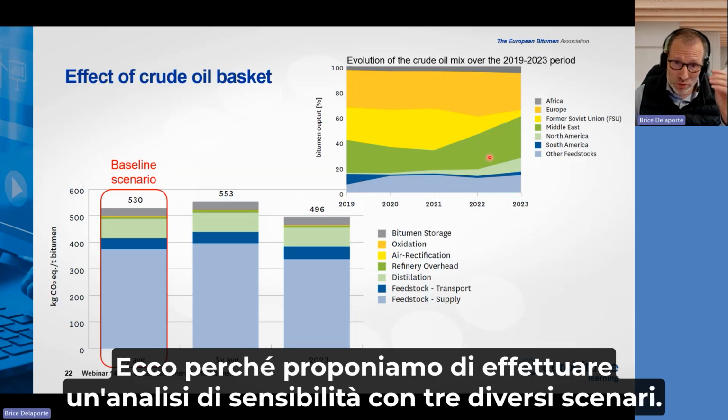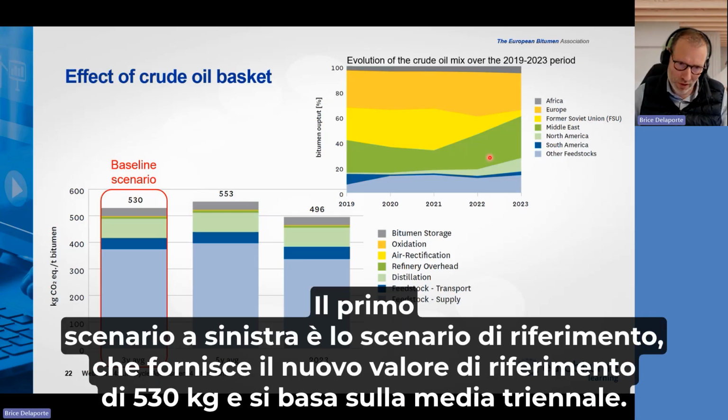That's why we propose to carry out a sensitivity analysis with 3 different scenarios. The first scenario on the left-hand side is the baseline scenario, which allows us to obtain the new reference number, 530 kilograms.